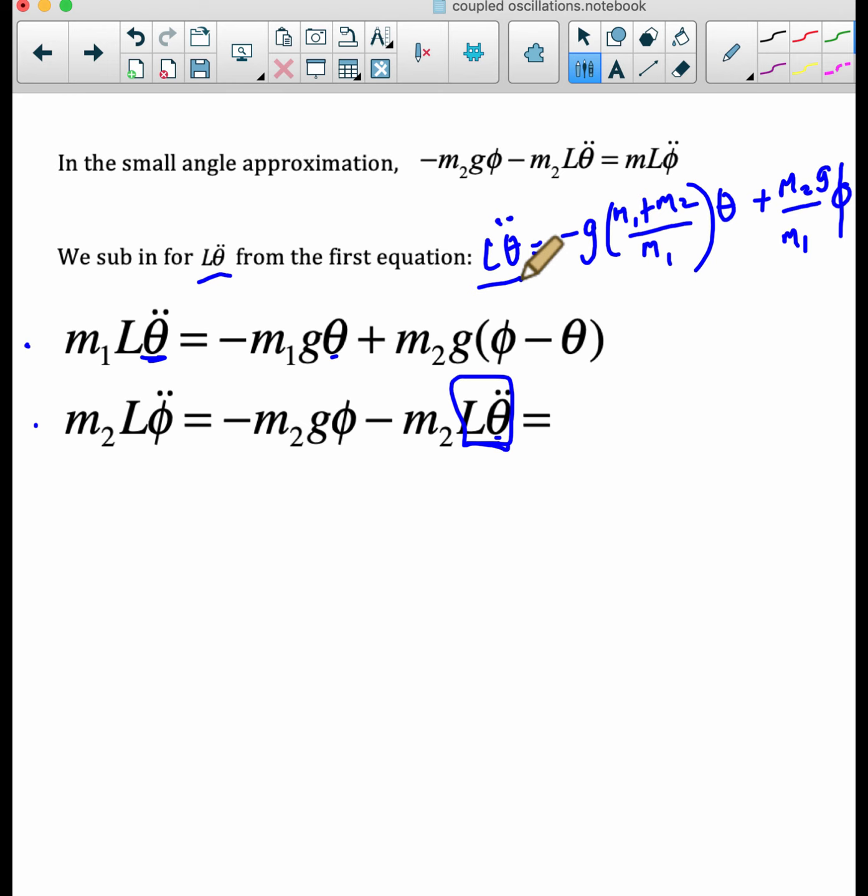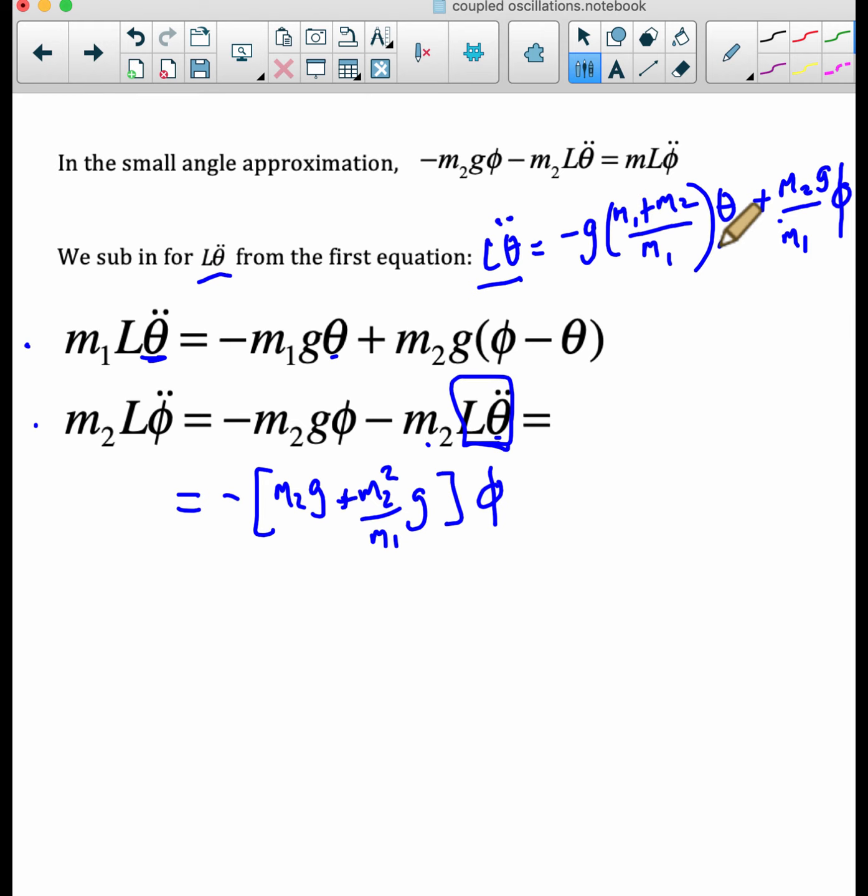So, pulling out a minus sign, for the phi term, we're going to have m2g times phi, and then from m2 times this guy, we're going to have m2 squared over m1 times g, and that'll be the phi term.